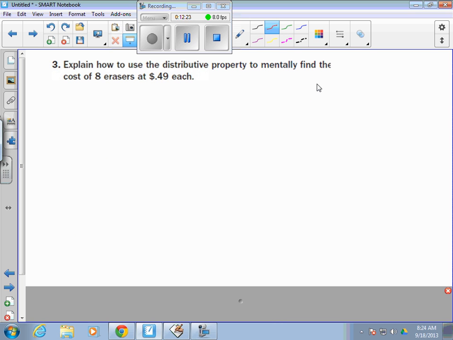And then the last one, number 3, says explain how to use the distributive property to mentally find the cost of 8 erasers when they're 49 cents a piece. Notice that 49 cents is close to 50 cents.